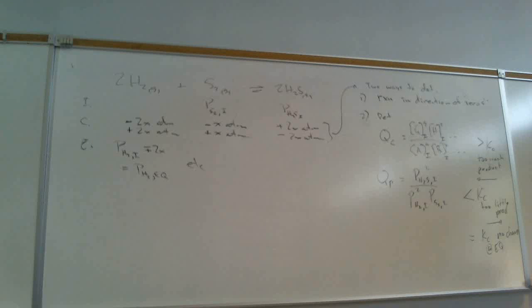I want a little bit more sig figs, so I would do 1 divided by 2.016, 0.496. 0.4960 moles of hydrogen.